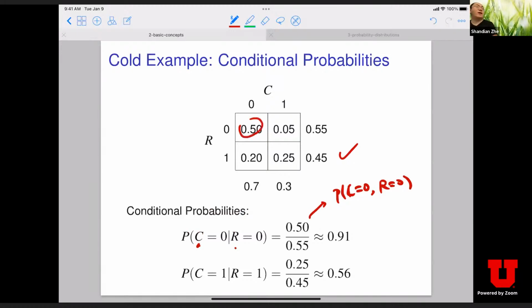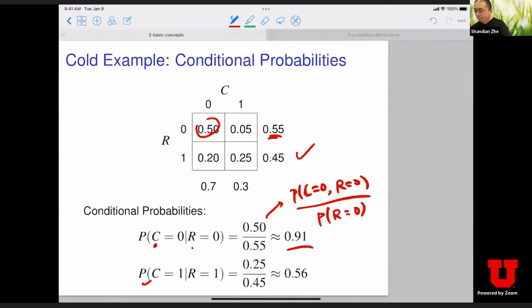Someone has pointed out, it's 0.5. Then we divide it by the marginal probability that R takes 0, which is 0.55. That's how we get the conditional probability. Similarly, you can compute the conditional probability that C equals 1 given R equals 1. I'm not going to repeat this.